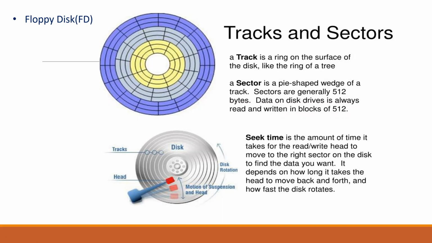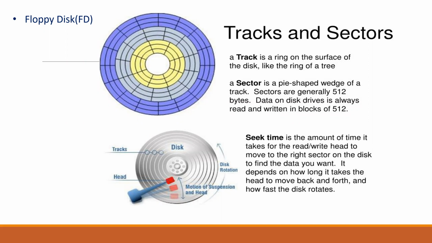Whatever the disk, it may be a floppy disk, hard disk, or compact disk, that is CD, all these types of disks, you can store your memory in sectors, and those sectors are under the tracks.